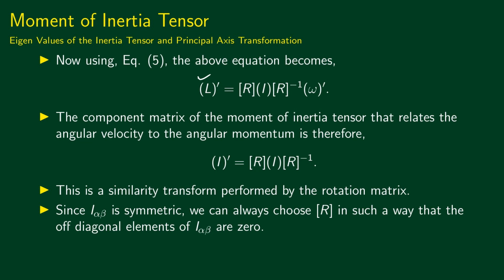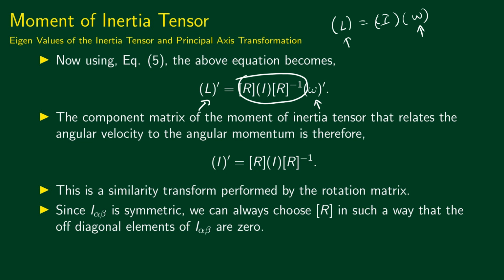Now we defined the moment of inertia tensor as the linear transformation L is equal to I omega. So this is the linear transformation between the components of the angular velocity vector and the components of the angular momentum vector. What we see here is that the linear transformation between the components of the angular velocity vector and those of the angular momentum vector in the rotated coordinate system is R I R inverse.